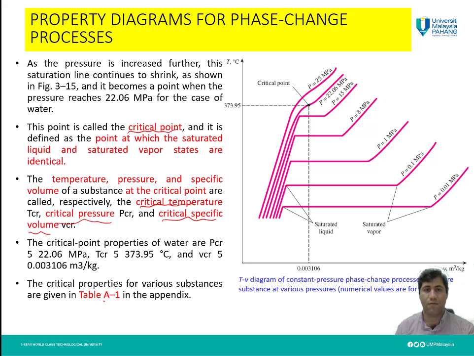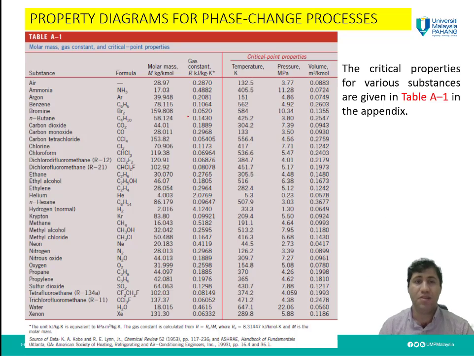Let's see what we have in Table A1. In this table you can see some properties, and what I am going to show here is the critical point properties for different materials. You can see the substance name, air, ammonia, and so on, and their formula, molar mass, and gas constant.